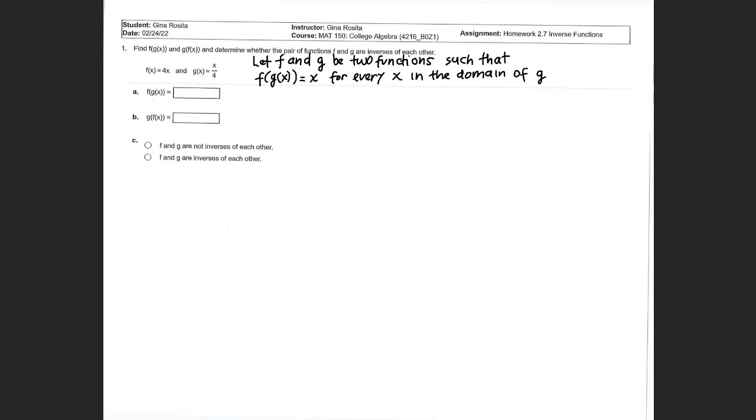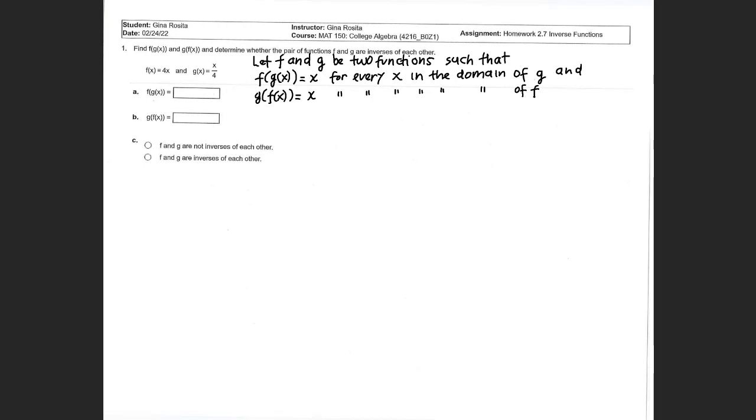Okay, and g of f of x equals x for every x in the domain of f.